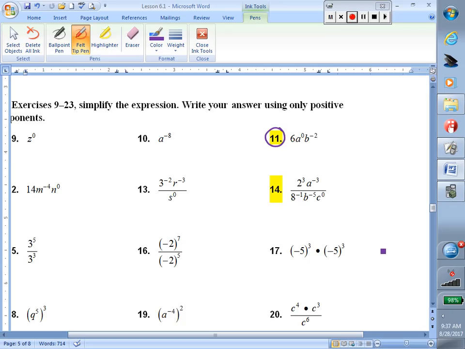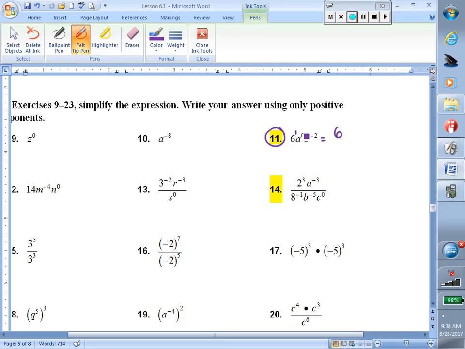In number 11, we have to be very careful. The 6 really does have an exponent, and it's a positive 1. If we have a positive exponent, that number stays right where it's at. So that 6 is going to stay in my numerator.